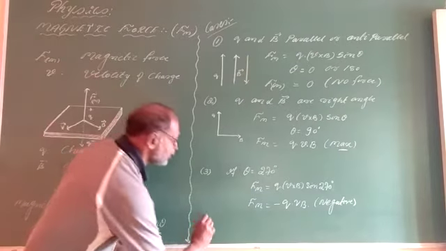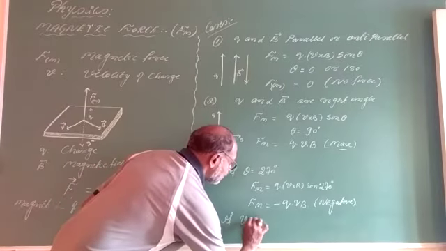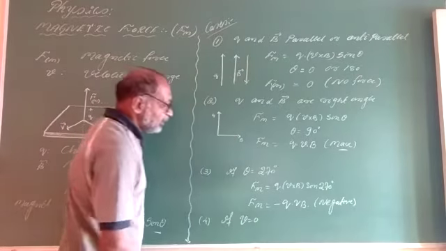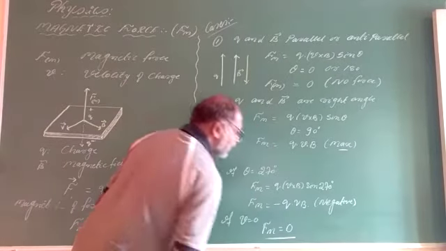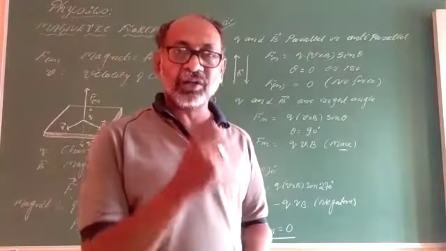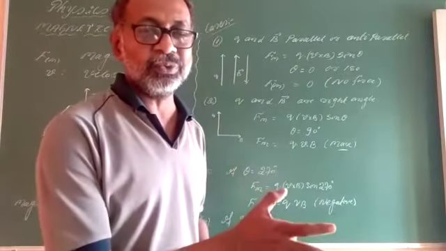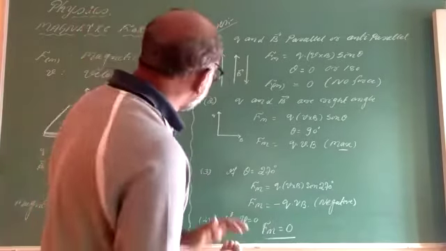Then V is equal to 0. The last case is if V is equal to 0, then F_M is entirely equal to 0. There is no force exerted on the charge Q. So these are the 4 cases.